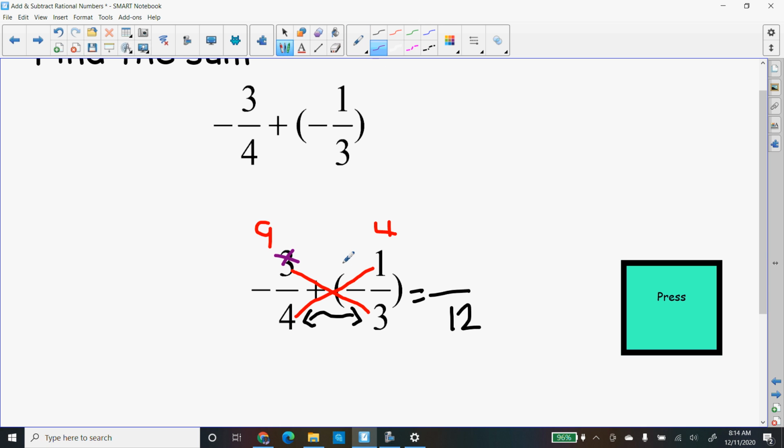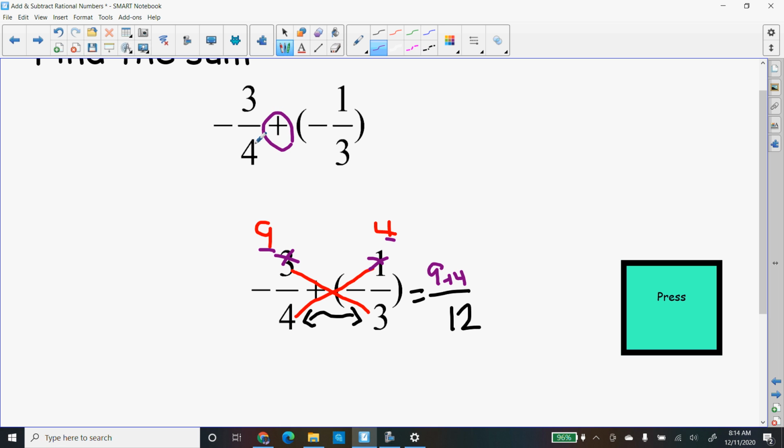So I'm going to ignore them, get rid of them, because I have new numerators. I have a 9 and I have a 4. Those are my new numerators. I'm going to add those two numbers together. Why am I adding? Is because it says add.